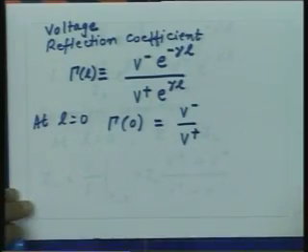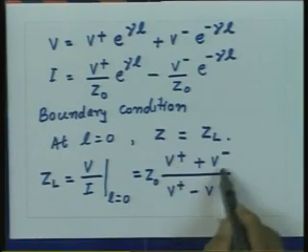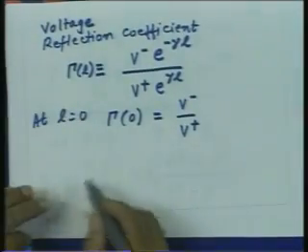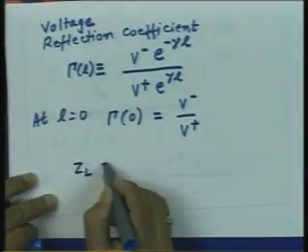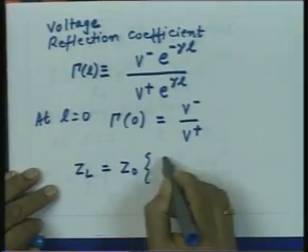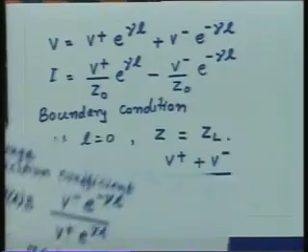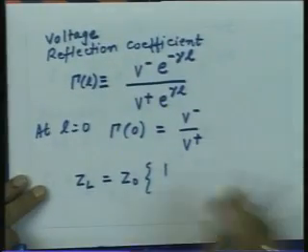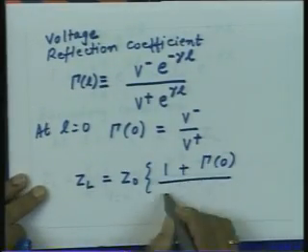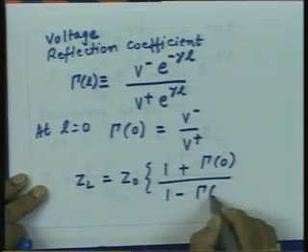Substituting this in the impedance relation here, I can get Z naught times 1 plus V minus upon V plus over 1 minus V minus upon V plus. So, I have here the load impedance ZL, that is equal to Z naught into 1 plus gamma at 0 divided by 1 minus gamma at 0.